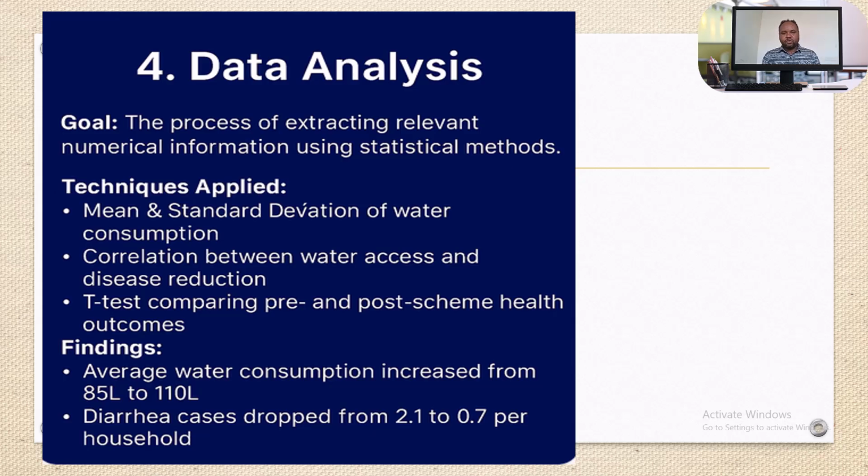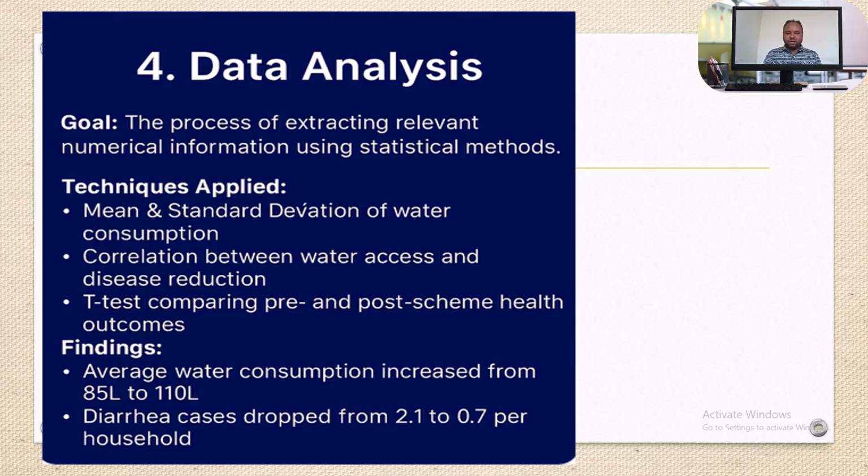Now we reach the fourth stage, where we extract relevant numerical information using statistical methods. At this stage, we can make use of many statistical methods, such as mean and standard deviation of water consumption, and correlation between water access and disease reduction. We can use a t-test comparing pre- and post-scheme health outcomes, right?